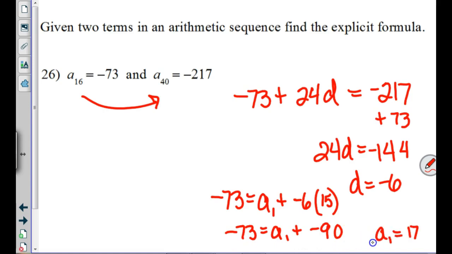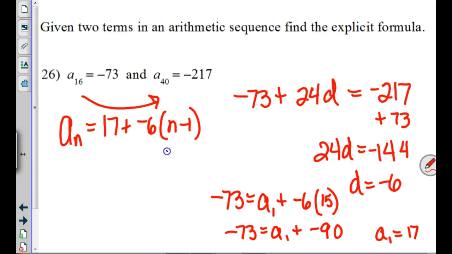Is it 17 or no? I'm going to double check this when I'm done here, but I got 17, negative 6, and minus 1. Let's see. So I would put in a 15 with negative 90. Yeah, I think that's right, to get 17.